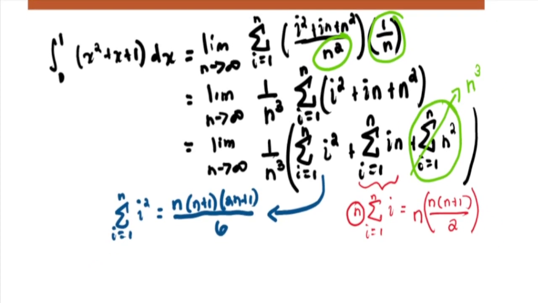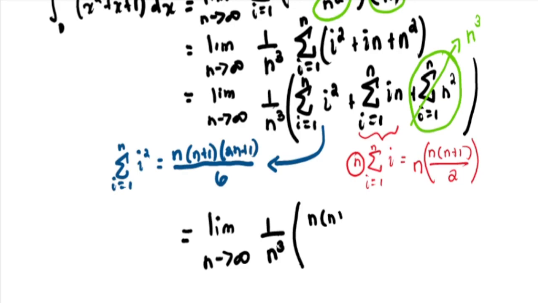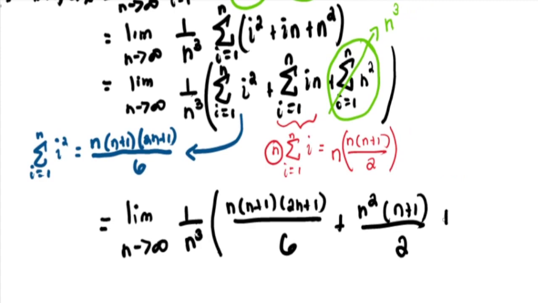Okay, so having said that, this one is equal to the limit as n approaches infinity of 1 over n cubed times, we have n times n plus 1 times 2n plus 1 over 6 plus, gawin ko na tong n squared times n plus 1 over 2 plus n cubed. Okay?